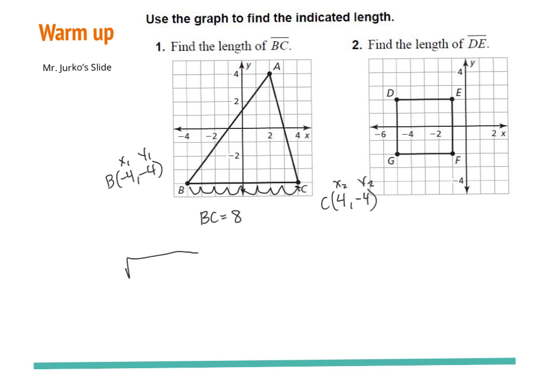We would do the square root of (x2, which is 4, minus x1, which is -4) squared, plus (y2, which is -4, minus y1, which is -4) squared.